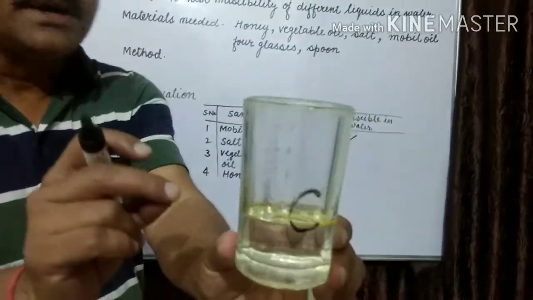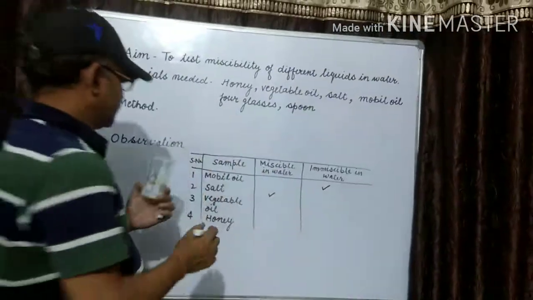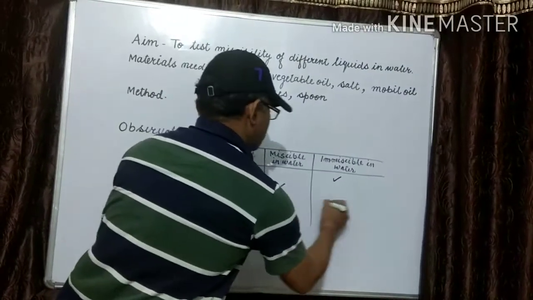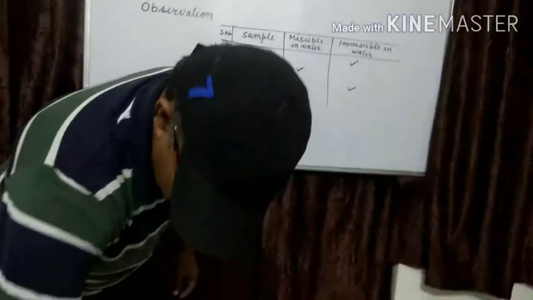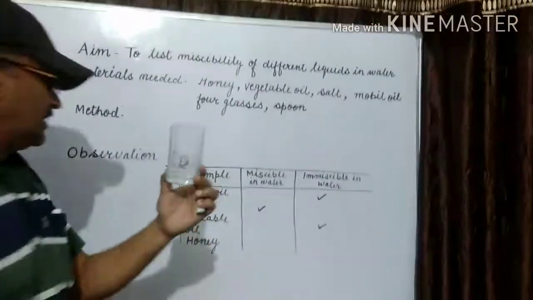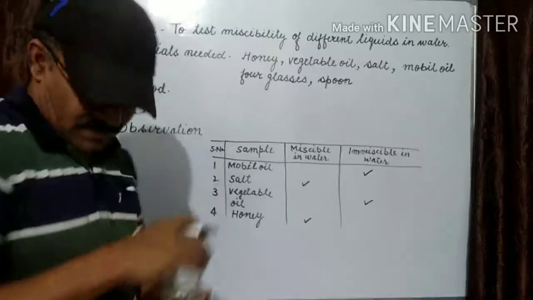It forms a separate layer. It does not mix with water. Vegetable oil, is it miscible or immiscible? Immiscible. Honey. Here we have taken honey and I think there is no honey visible in D part. It is miscible.